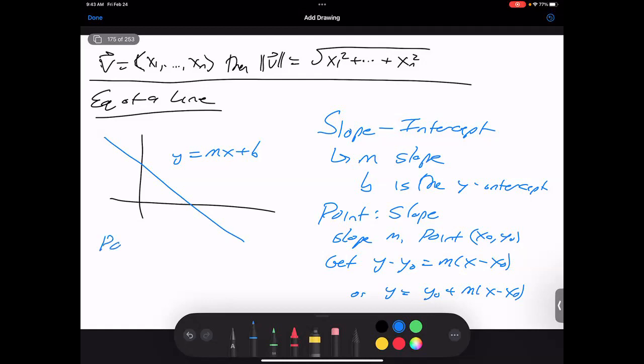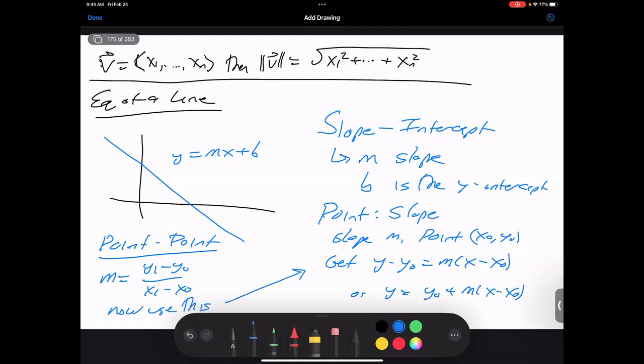I could also give you 2 points, because 2 points determine a line. If I give you 2 points, then I get the slope is y1 minus y0 over x1 minus x0. Now use this. So if I give you 2 points, well, just calculate the slope, and now you're in the position where you have the slope and a point.